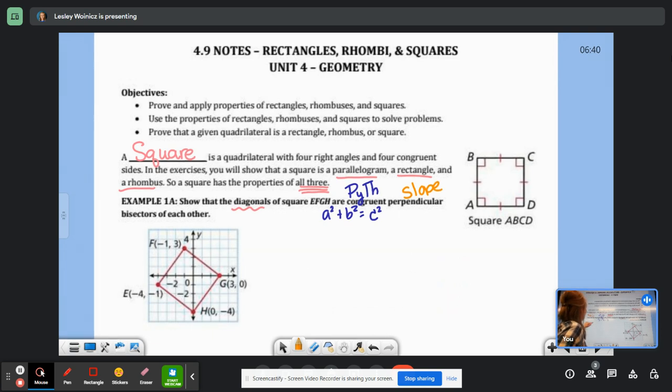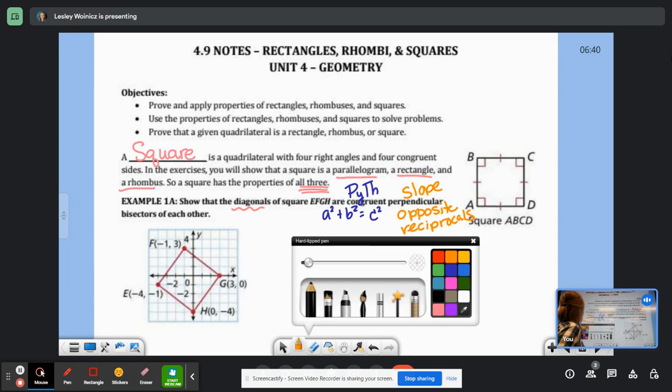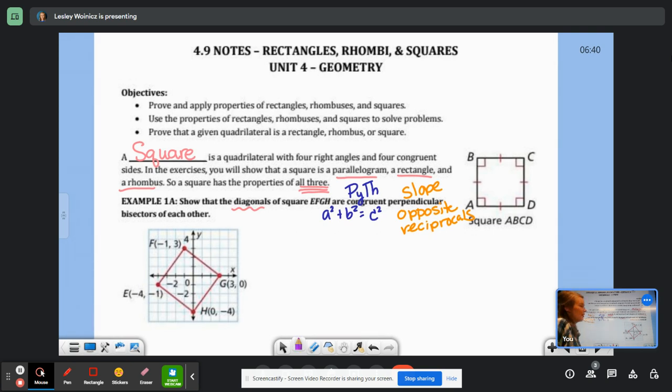To be perpendicular, our diagonals must be opposite reciprocals. And if they bisect each other, they should have the same midpoint. So we're going to use midpoint to show the bit about the bisectors.